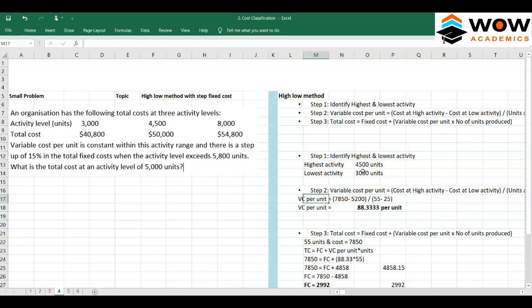So let's work out the problem. The cost at highest activity is 50,000 and the cost at the lowest activity is 40,800. And units is 4,500 minus 3,000.